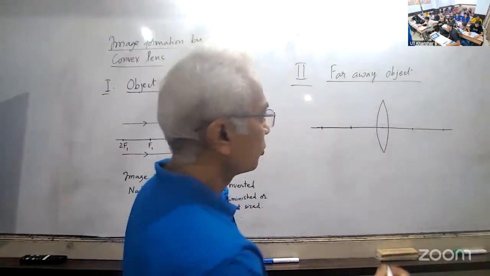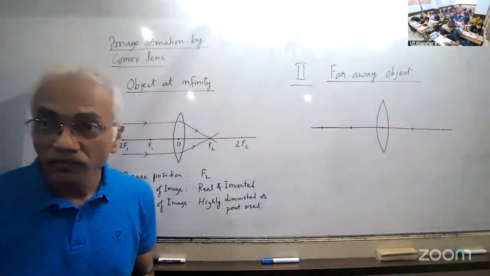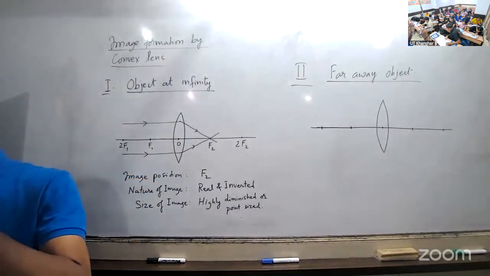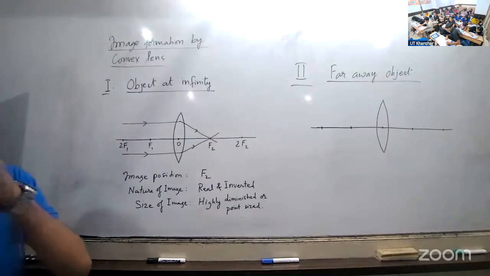Okay, again I have 5 dots marked here. When the object is far away, the rays are parallel to each other, but they are not parallel to the principal axis. Okay, this is the difference.